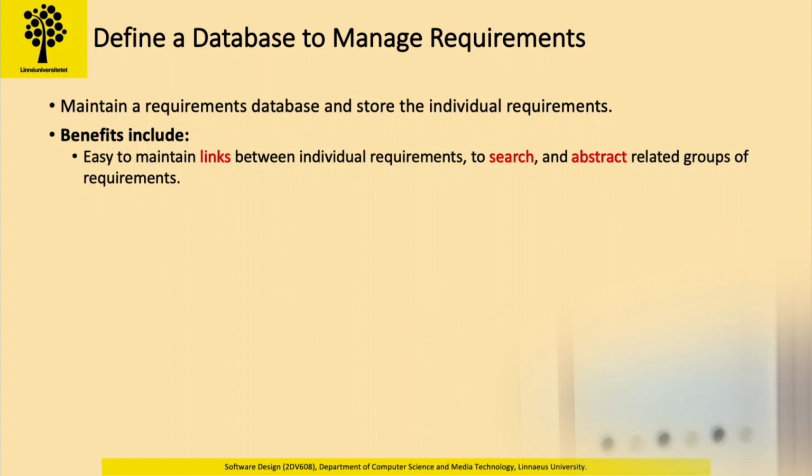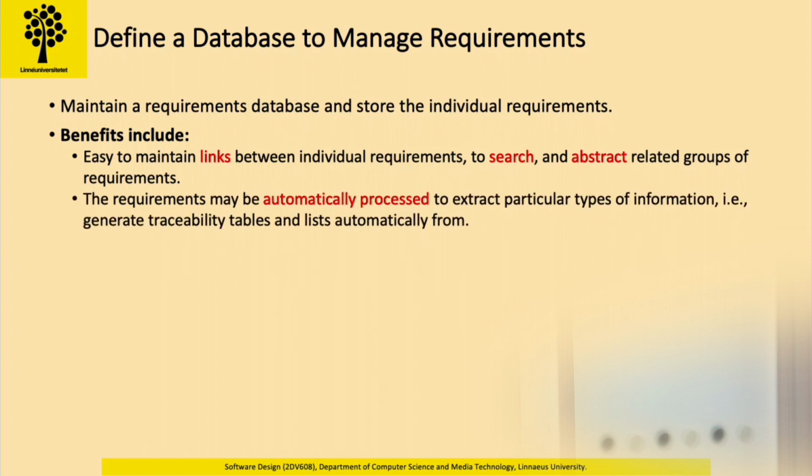But now with things becoming more complex, more complex objects, more diagrams, an object-oriented database might be more feasible. Let's say a document-oriented database could be more feasible for a requirements management database.